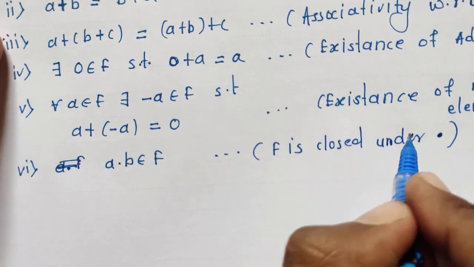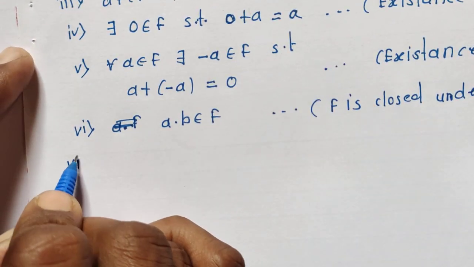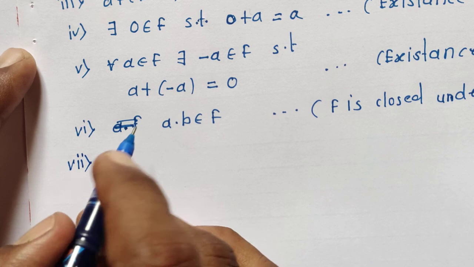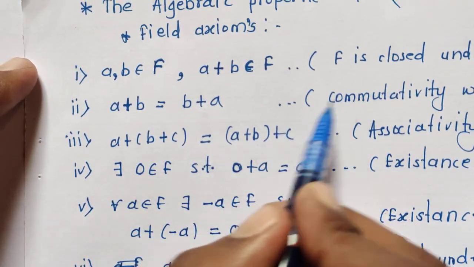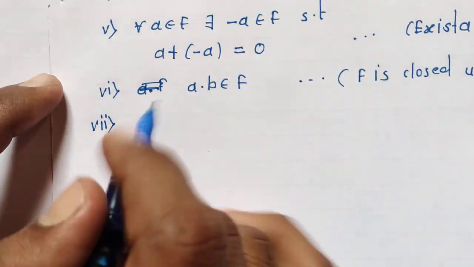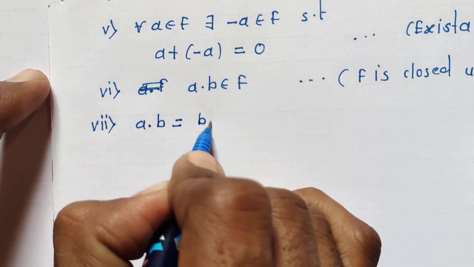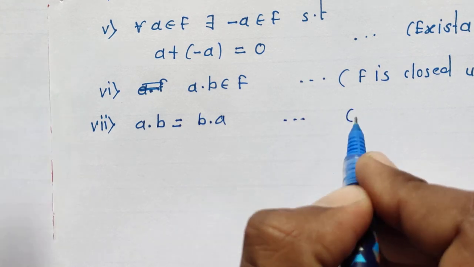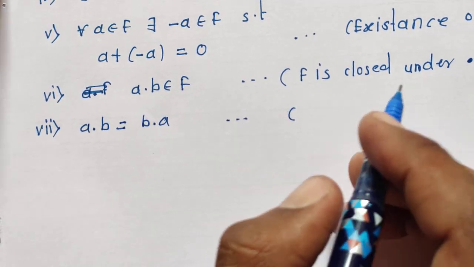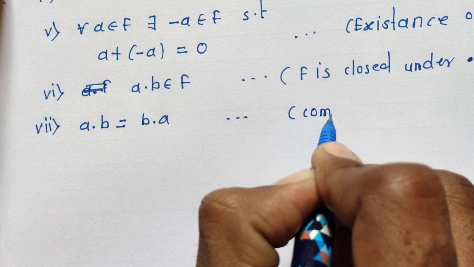Now the seventh property is the commutative property with respect to multiplication: A into B is equal to B into A. This property is called commutativity with respect to multiplication.